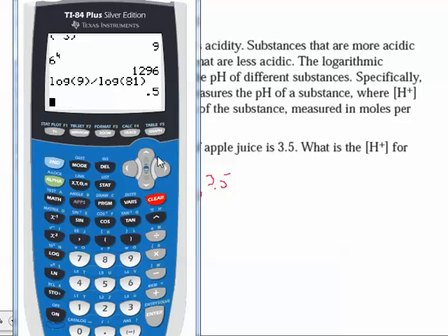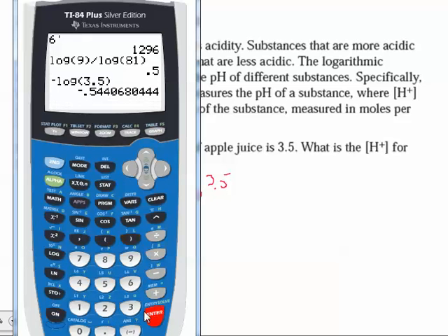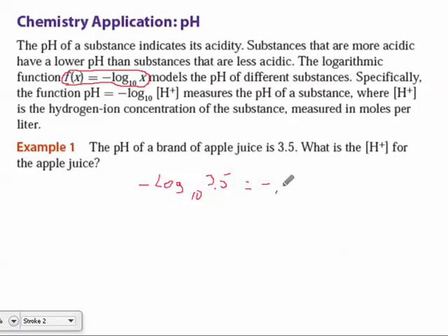So I'm going to clear this and say negative log 10 of 3.5 and hit enter on that, and I get negative 5.544. That's what I would list as the pH.